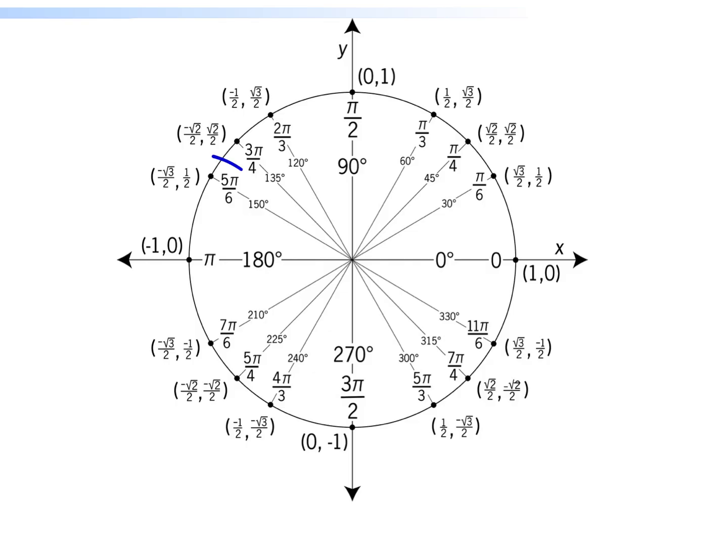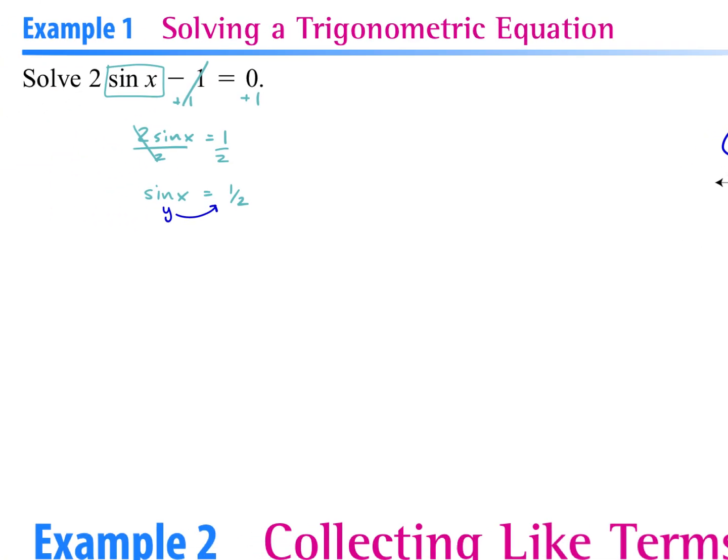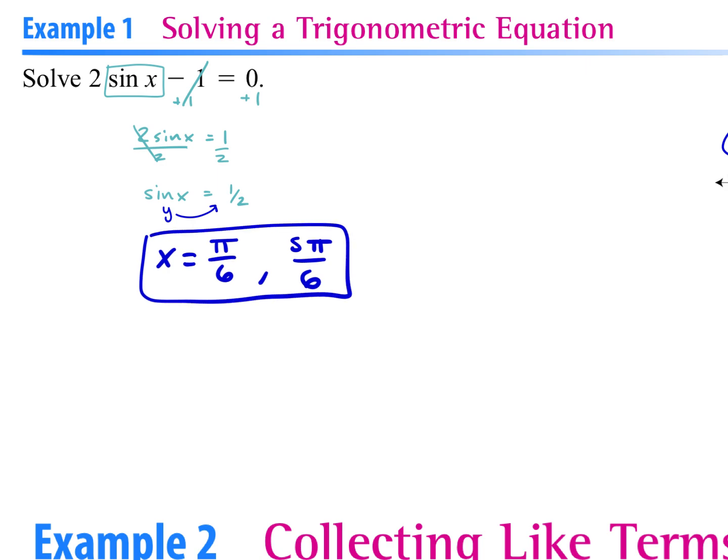Five pi over 6 and pi over 6. These are the only two where we have a positive 1/2 in our y spot. Good. So x equals pi over 6 and 5 pi over 6. These are our answers.